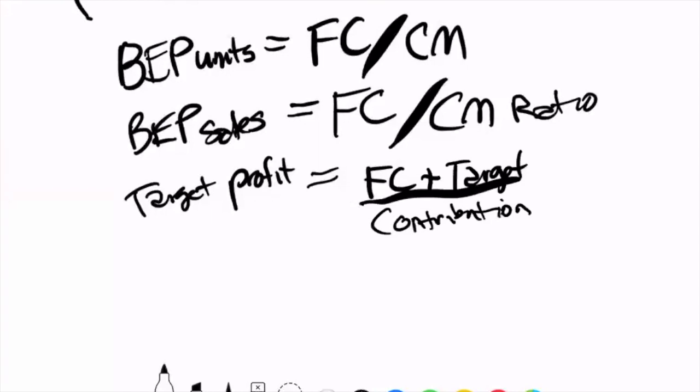So if we want to understand how much we need to make in a certain profit, we essentially just add the target profit that we set out.